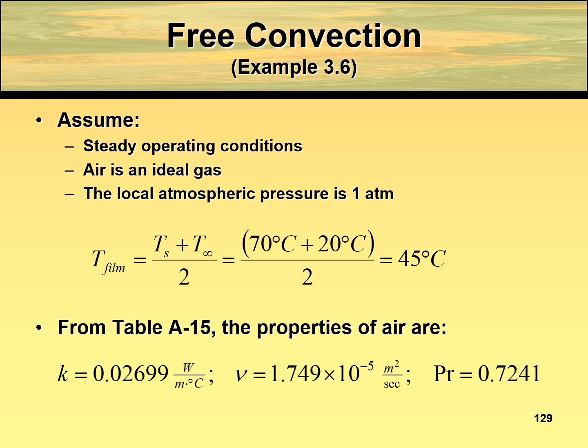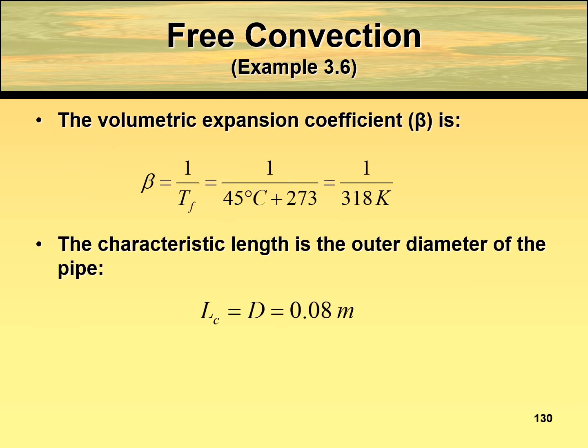The thin film temperature is the average between the free stream and the surface temperature, which gives you 45 degrees Celsius, and you can look in the table to get the properties of the air. The volumetric expansion coefficient, beta, is the inverse of the thin film temperature. The characteristic length is the outer diameter of the pipe, which is 0.08.